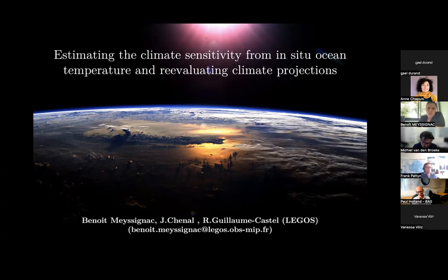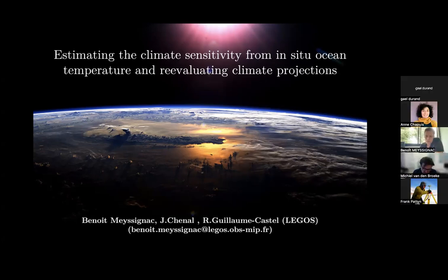And so what we try to do here is basically to re-estimate the climate sensitivity. And you'll see we're doing this with in-situ ocean temperature. And so we get a climate sensitivity from observations, which is consistent with the ocean warming. So it should be consistent with the thermosteric sea level rise.